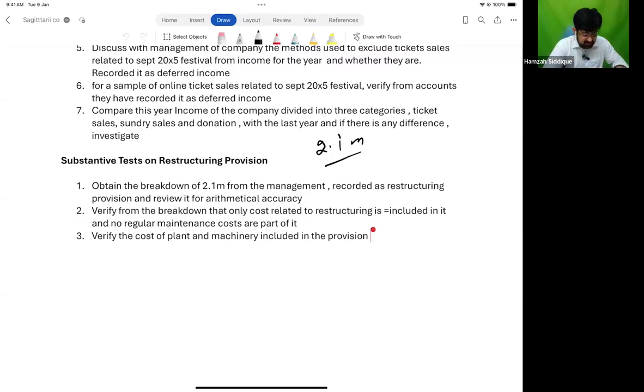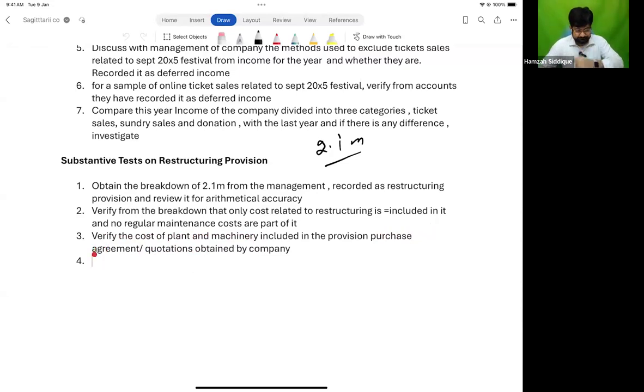Yes, purchase agreement or quotations obtained by the company. Yes, they are the right place. No, restructuring has to be implemented.